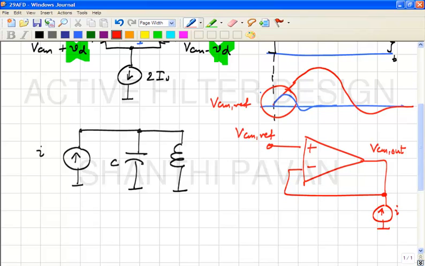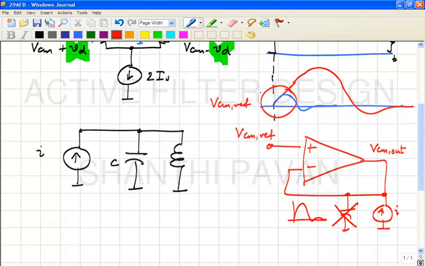If there was a capacitance here, the output voltage would do something like this. If this capacitance wasn't there, then it would shoot up to infinity and then come down depending on how fast the feedback loop is working. Correct? Qualitatively, this is what is happening.